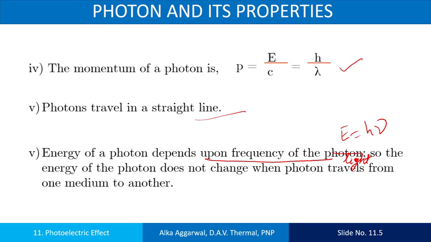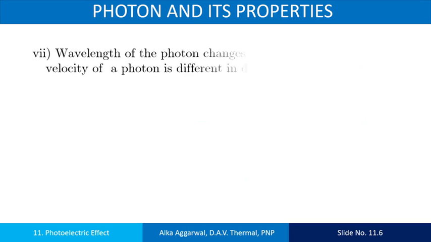So the energy of the photon does not change when it goes from one medium to another, as the frequency of the light remains the same when it travels from one medium to another. So we can say there is no change in the energy of the photon as it goes from one medium to another.